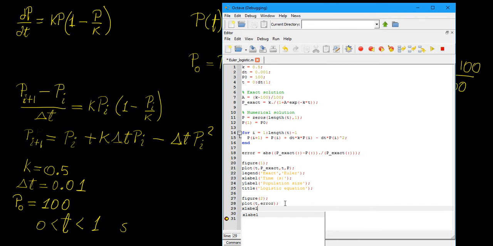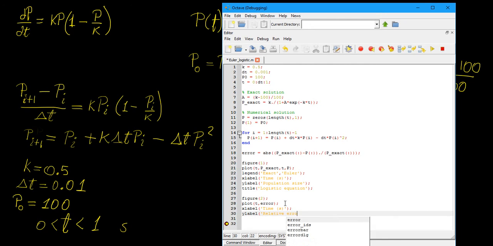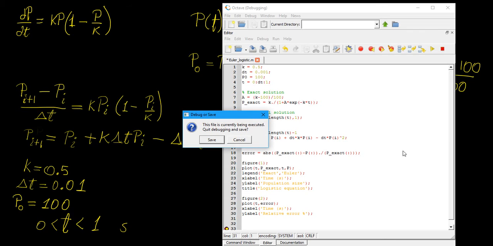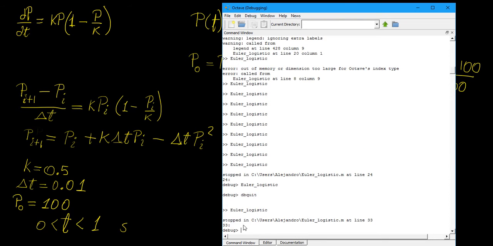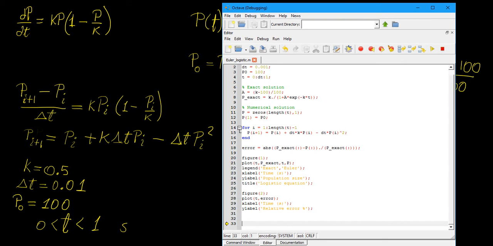So x label: time in seconds, y label: relative error percentage, and then no title. That should be good enough. So let's see what we get from this. Okay, not sure why that is, but apparently it was still running.